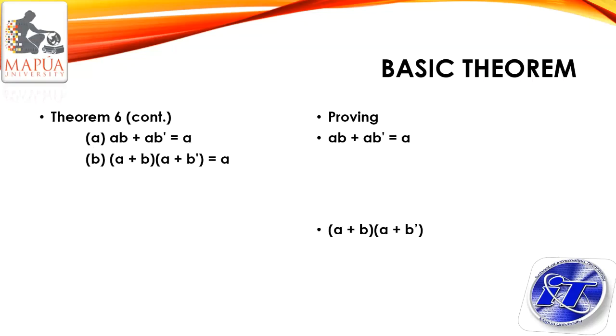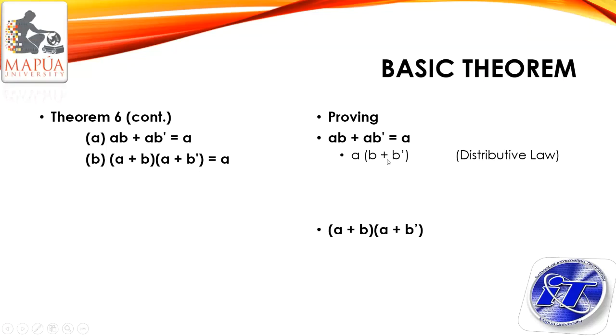So now let's move on with proving theorem number 6. So we have AB plus AB not. Is it really equal to A? Do we have a common variable? Yes. Factor it out using distributive law. We have A added to B plus B not.